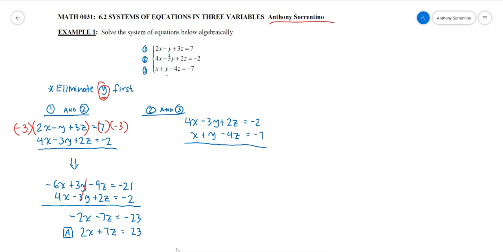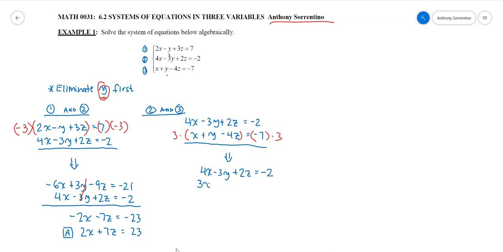So I'm still going to eliminate the y's, and the best way for me to do that, the easiest, is to multiply both sides of the equation by 3. I already have opposite signs on the y's. I just need to get a 3 in front of that y. So my system for this one becomes 4x minus 3y plus 2z equals -2. Nothing happened to the top equation.